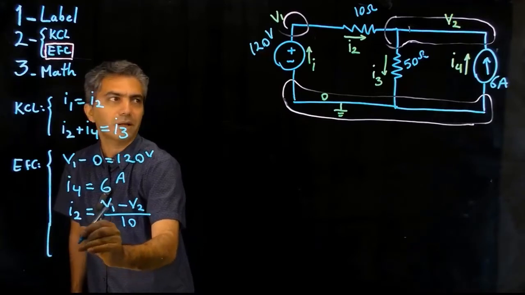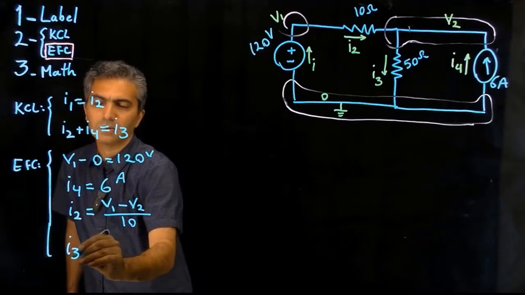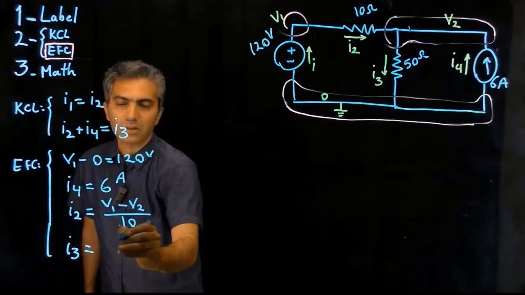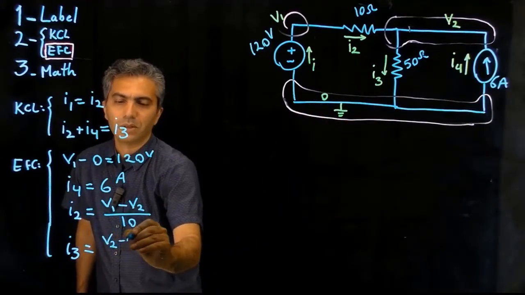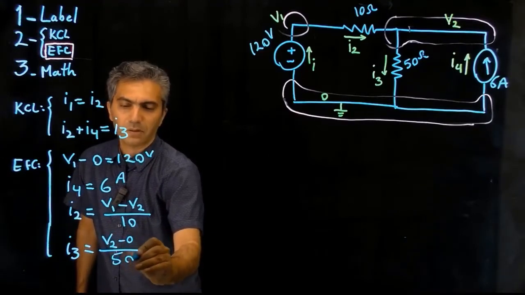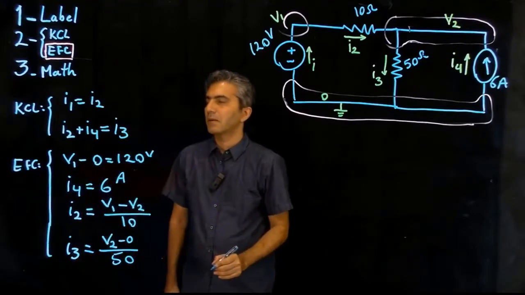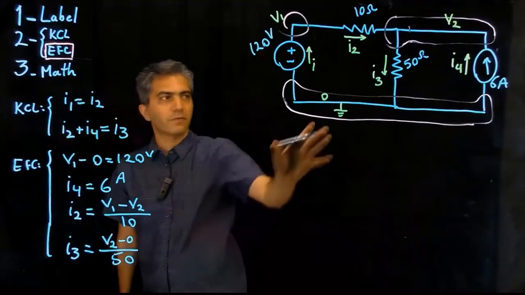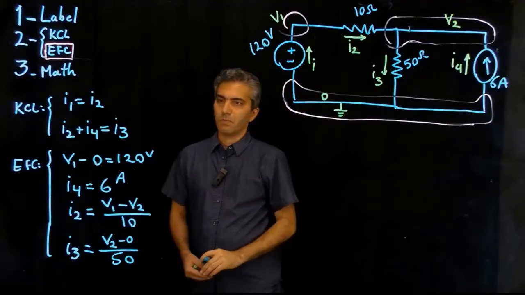And finally, I3, which is the current that is passing through the 50 ohm resistor, is equal to V2 minus 0 divided by 50. And that concludes all the equations that describe the physics of this network of components.